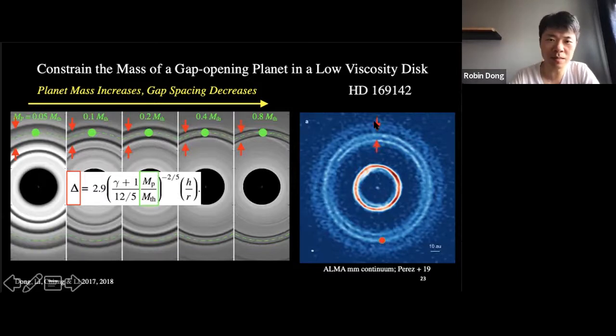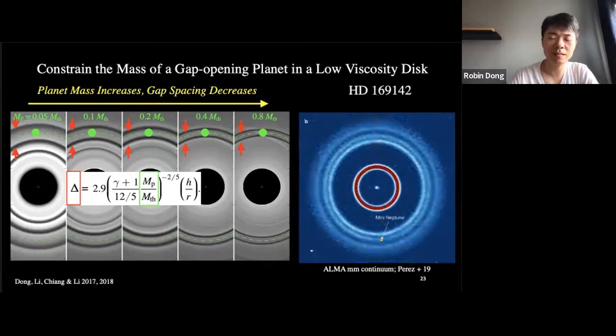You can measure the separation between these two gaps, and that's delta. And then if you input other parameters that are related to the disk, this relation will help us to infer the mass of the planet. Turns out it's about 10 Earth masses, so it's a mini Neptune planet.